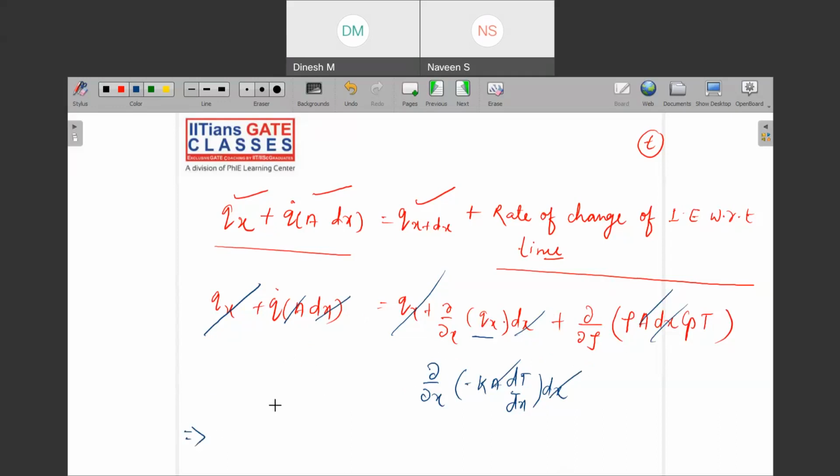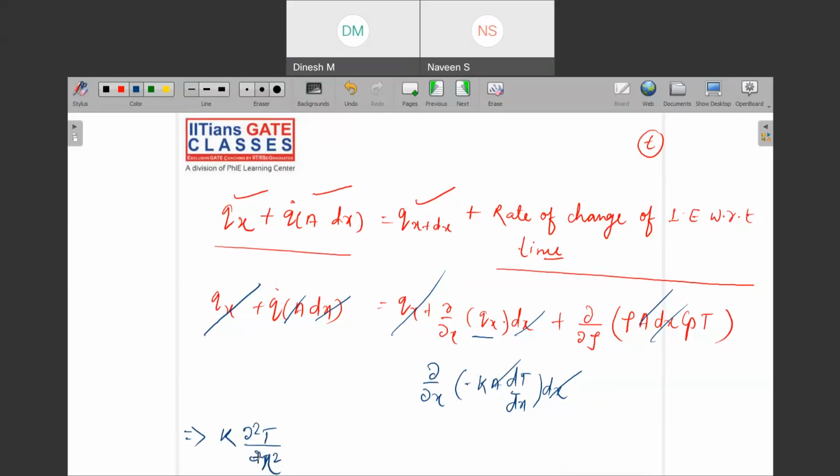on this side, this is k into dT square upon dx square. And if I take it on this side, then this is positive. So k into del square T upon del x square, because this becomes a double derivative.